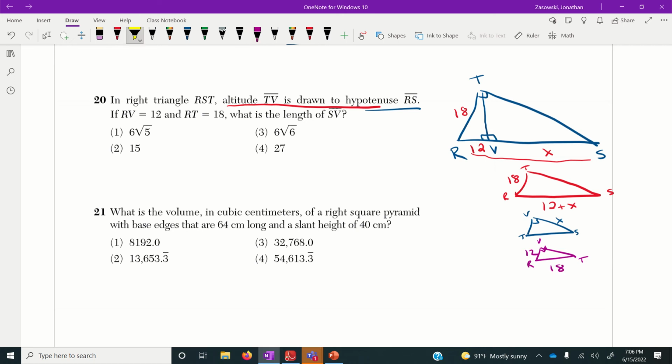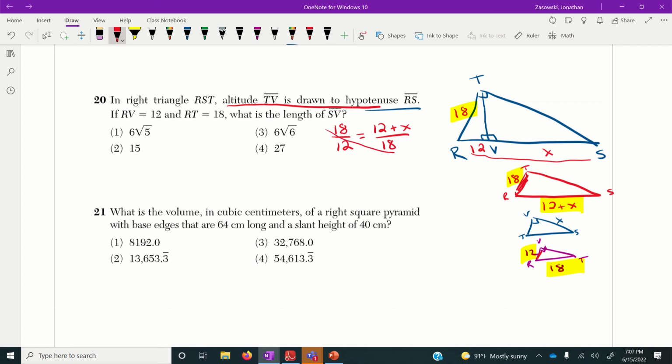We can see that these sides correspond to those two sides, so now we can make a proportion. 18 from this triangle over the corresponding side of 12 is going to equal 12 plus X over the corresponding side of 18.